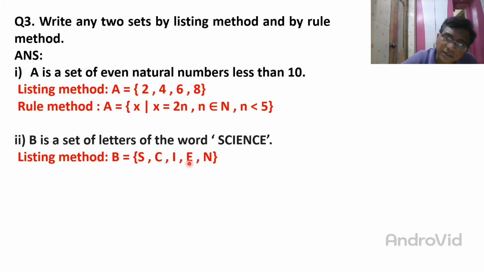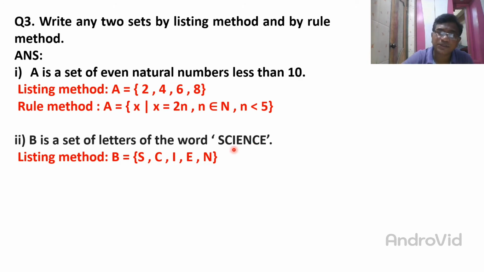So when you write in the list method, if an element comes again and again, you can write it a single time. See, check it. S comes a single time, so I write S. Then C comes here, so I write C. Then I comes here, so I write I. Then E comes, so I write E. N comes, so I write N. Then I go to write C here, but C is coming again, 2 times, so you can write it a single time.